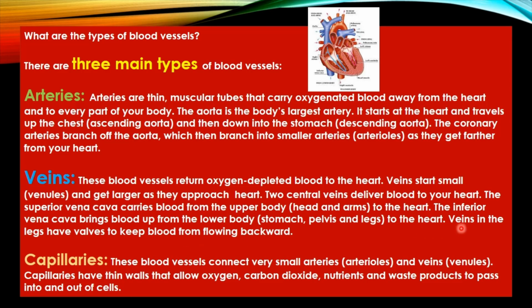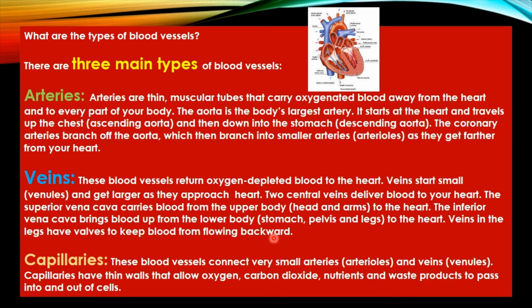Now, one more important point: veins in the legs have valves to keep blood from flowing backward. Our leg is a long part of our body, so it takes a little energy to lift the blood up to the heart.